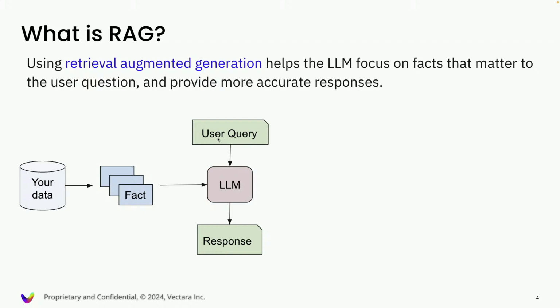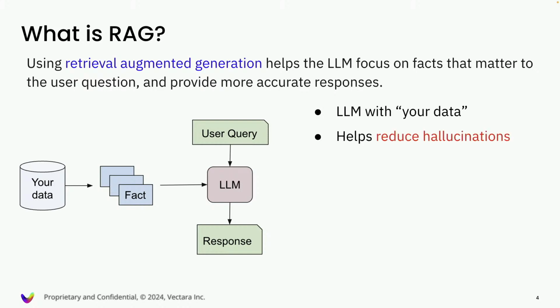And when a user runs a query, you retrieve the most relevant facts out of that data set. It could be hundreds of thousands of documents, but you get the most relevant pieces of text. And you essentially ask the LLM, please answer this query grounded in the information that I just provided. So it's kind of an LLM with your own data.